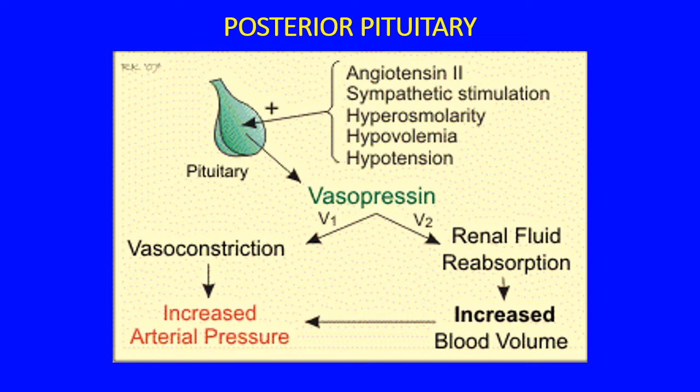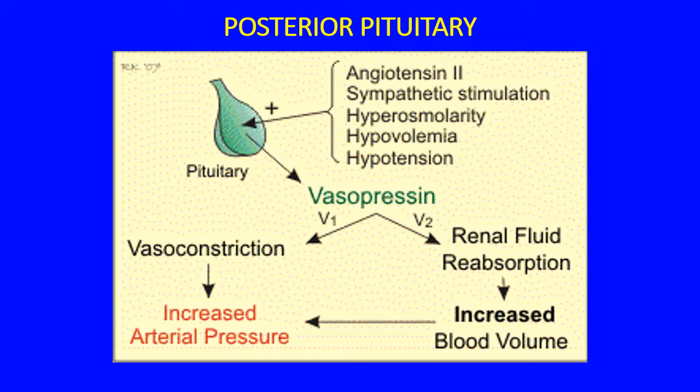This will, of course, increase arterial pressure. Now, V2, this is the one that plays a key role in the kidney. And this is where you're going to see renal fluid reabsorption. You're pulling more water out of that kidney filtrate and bringing it back into the body. And so this is going to assist in increasing the blood volume.